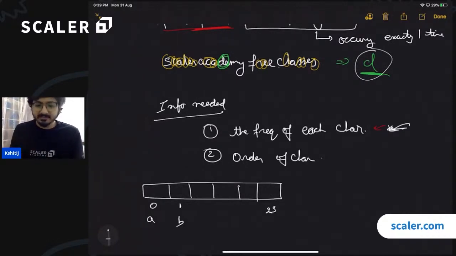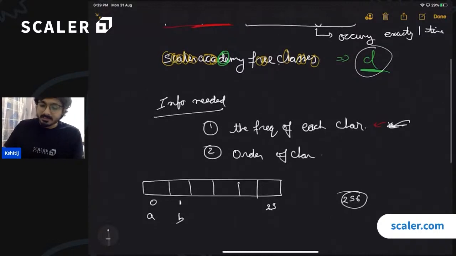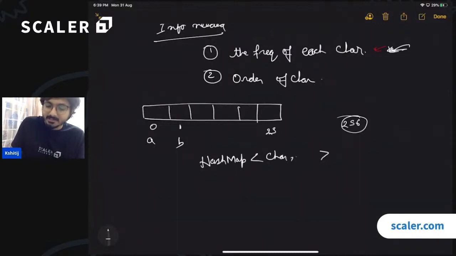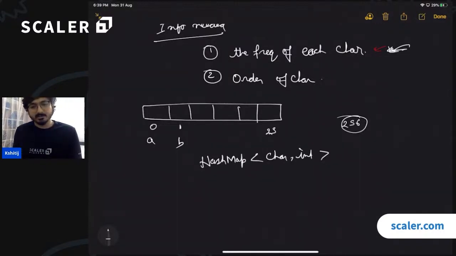If you are including each and every character, then you can use an array of size 256. Or you can have a hash map of character and integer. Both of them are the same thing. This will also suffice.